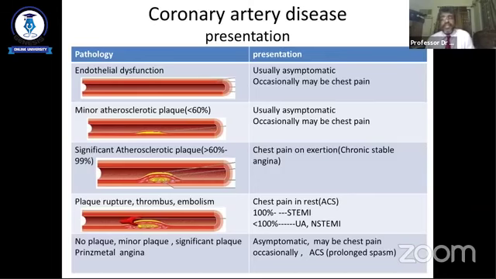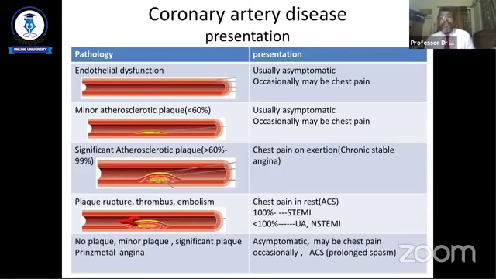Usually in these cases, the ST elevation is persistent and there is damage of the myocardium, leading to a significant increase of the cardiac troponin I or CKMB level.